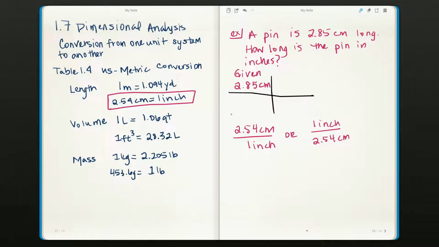And which one you use depends on your unit in what you're given. So right now we have our unit in the numerator for our given number is in centimeters. So we need centimeters in our denominator. Okay, and this is because when we go through, we need our units to cancel. We want to be left with just inches.